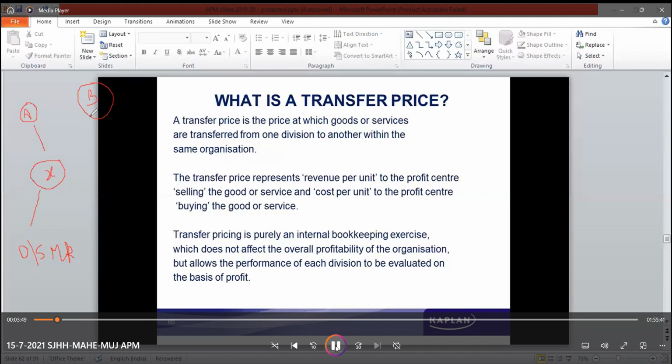What is the price which would be charged by the selling department A to the buying department B? The price at which this material is transferred is the transfer price.